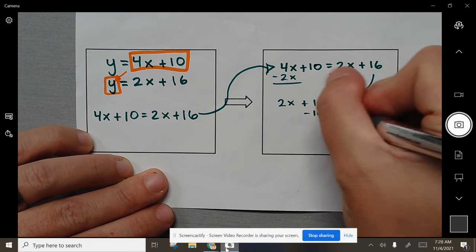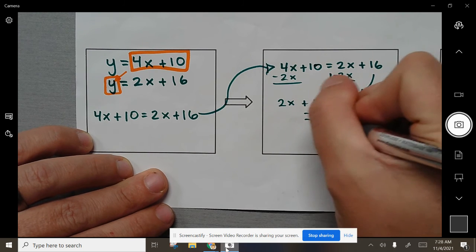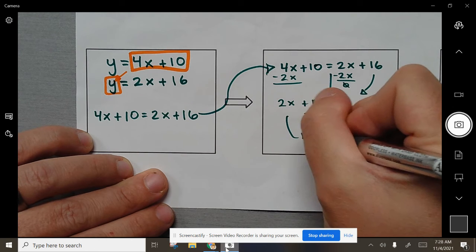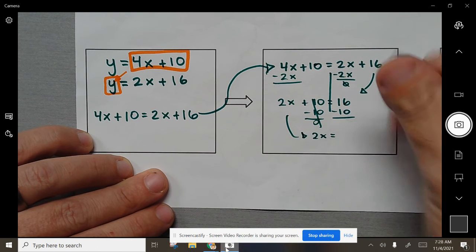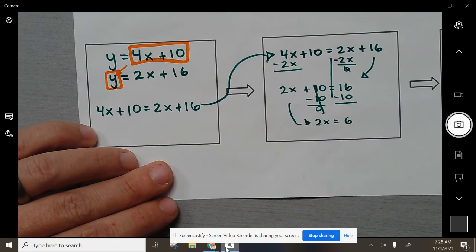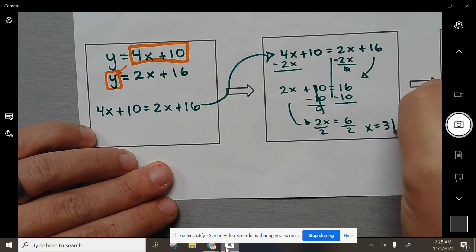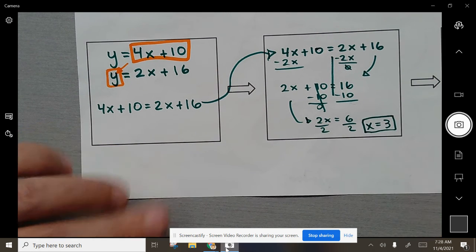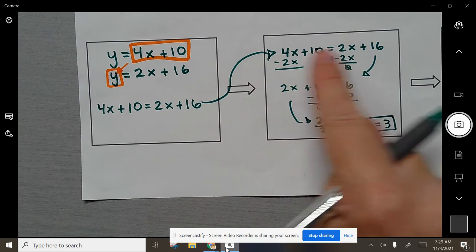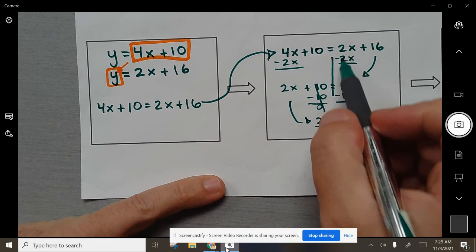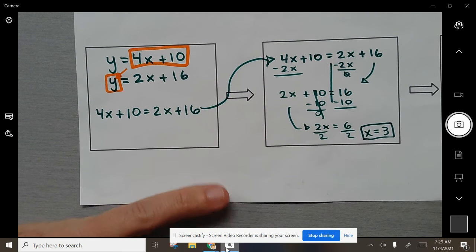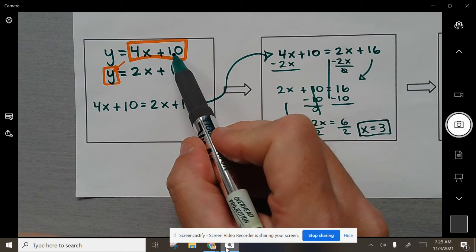Subtract 10. 2x equals 6. All right. Not too tough at all. One step, two step, three step. That was it. What was the tough part? To make sure you knew how to plug it in.